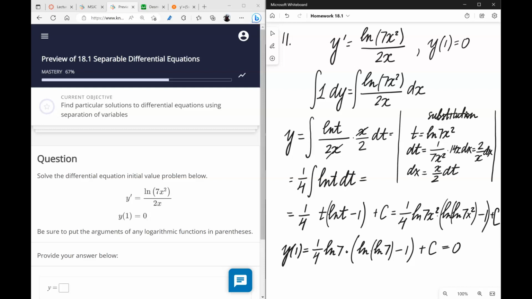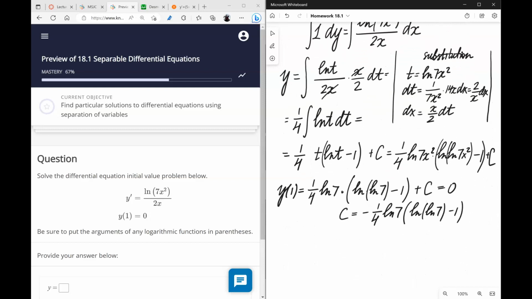This is pretty insane, the result here that we got. So c, according to this, must be equal to -1/4 ln of 7 times ln of 7 minus 1.